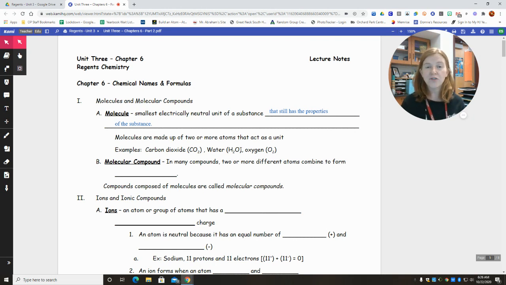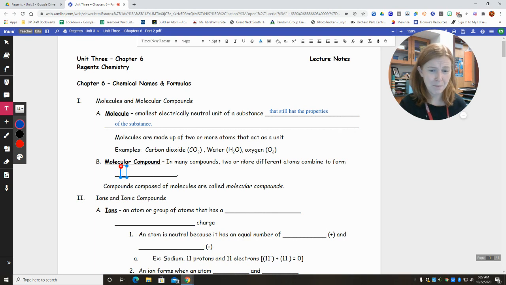It's made up of 2 hydrogen and 1 oxygen. So it is made up of 3 atoms, 2 hydrogen, 1 oxygen, that are bonded together that have the properties of water. But those 3 atoms are not all the same kind of atom. So it is a molecule and a compound. The term for that is a molecular compound.